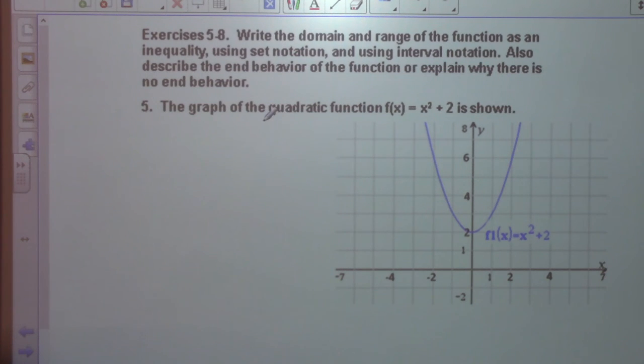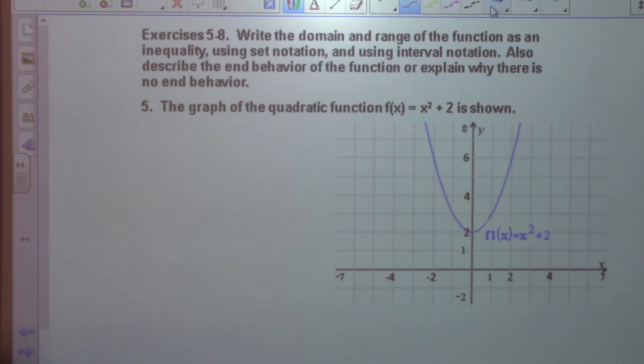I did that for first period, just kind of what we learned about first period. So 5 through 8, write the domain and range of the function as inequality using set notation, interval notation. Also describe the end behavior of the function, or explain why there is no end behavior. And here we have this graph of this function shown.